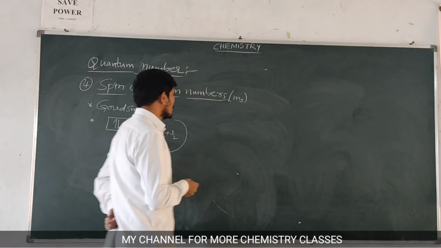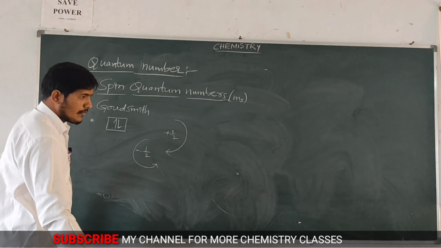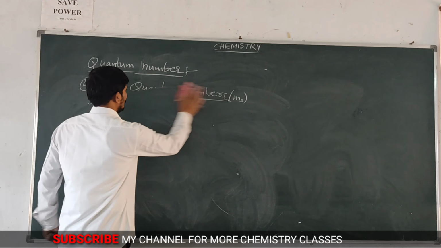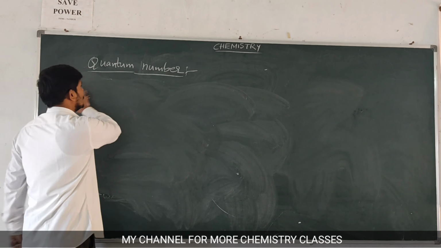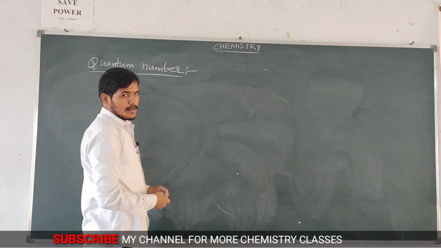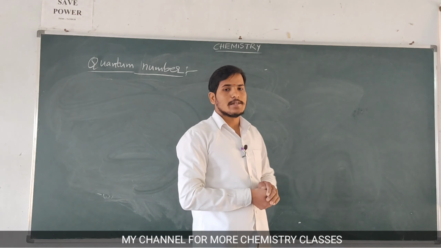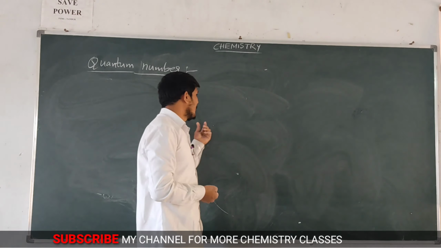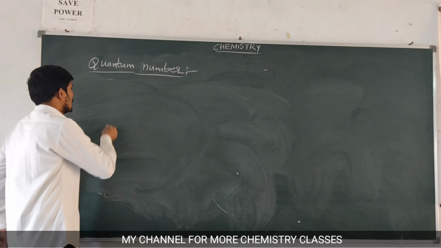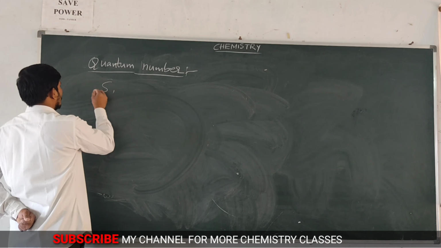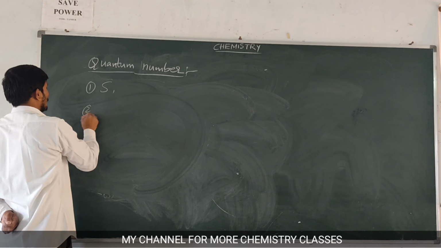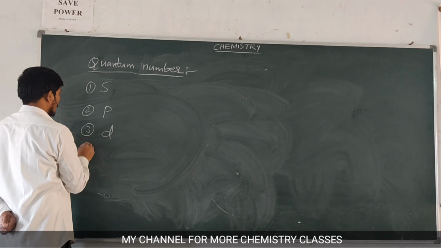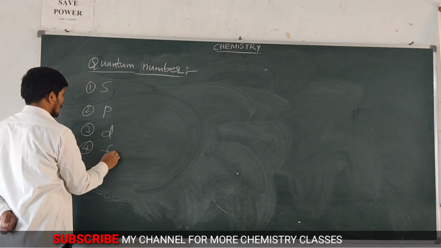Next, shapes of the orbitals. There are four orbitals, s, p, d, and f: the s orbital, p orbital, d orbital and f orbital.